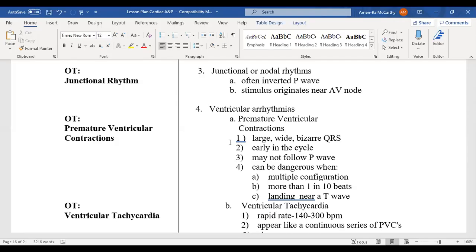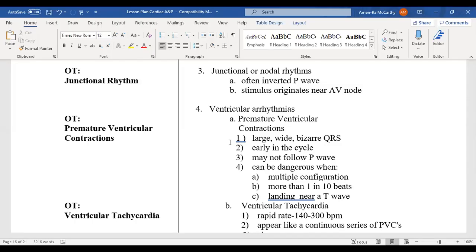But if I have a QRS before the P wave, it's a PVC. Premature ventricular contraction. It contracted too soon. Didn't want to wait on the P wave. It said, I want to do it now. Came too soon. That's a PVC. All right? PVCs, the way they look, they're usually large and wide and bizarre looking, right? They look different. They come early in the cycle and not following the P wave.